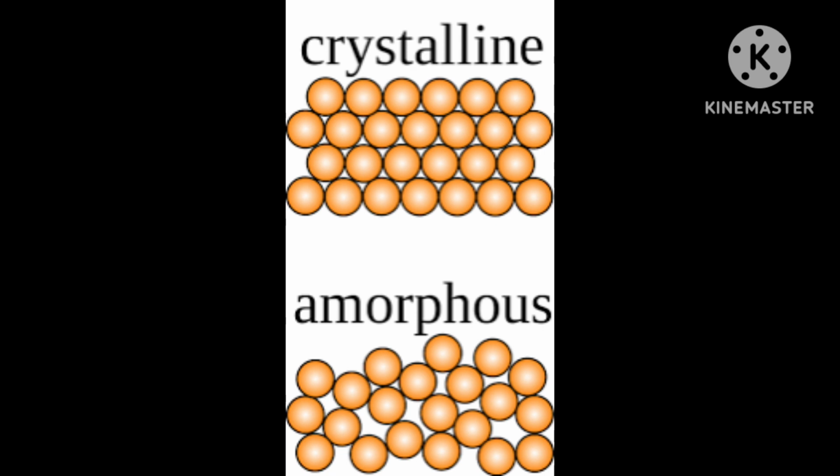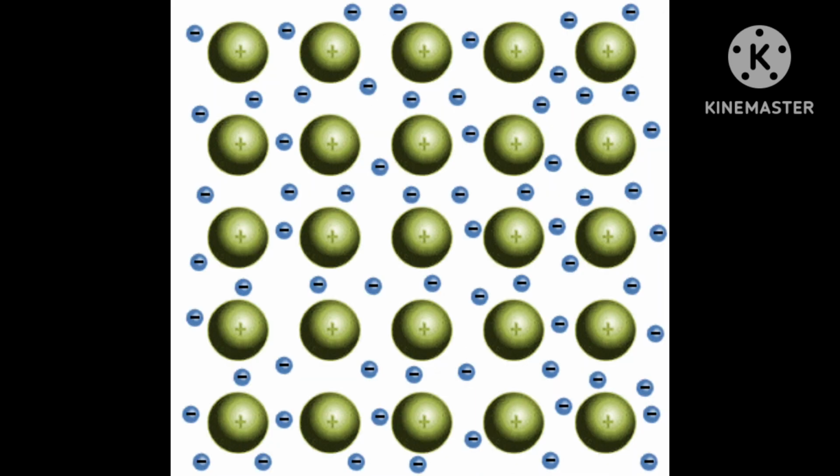However, in the molten state or when dissolved in water, the ions become free to move about and they conduct electricity. Even though I told you polar charge is there, they are close packed. They can't move. Then it will be a non-conductor, or you can say it behaves as an insulator.